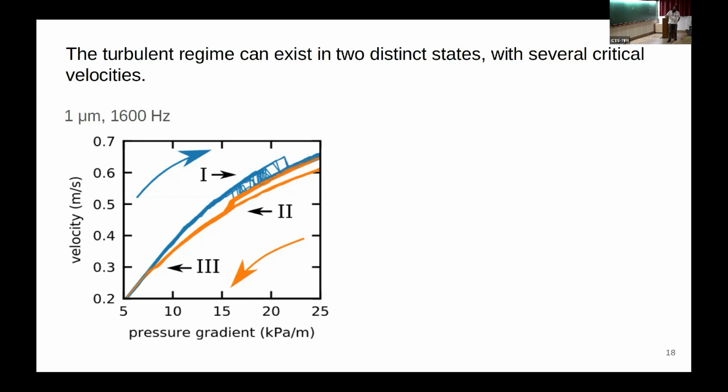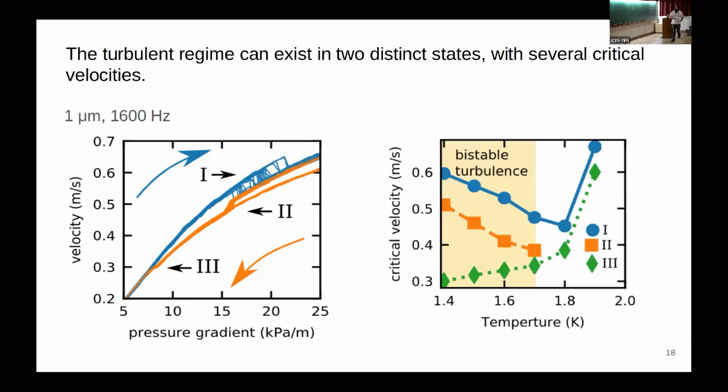We see that we transition from the linear laminar regime into something slightly nonlinear, then discontinuously transition into something else, stochastically into something else again, and then there is this transition which, as we are going down, goes into the more dissipative state and eventually back again into the laminar. So we have a hysteretic loop, but which kind of consists of multiple loops.